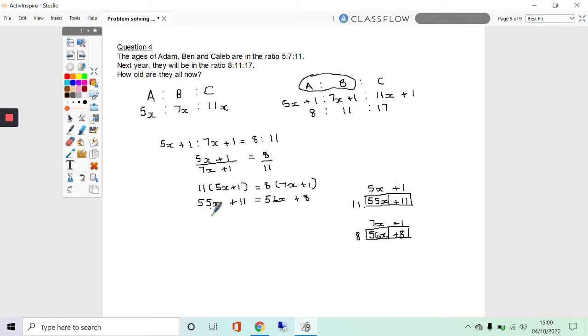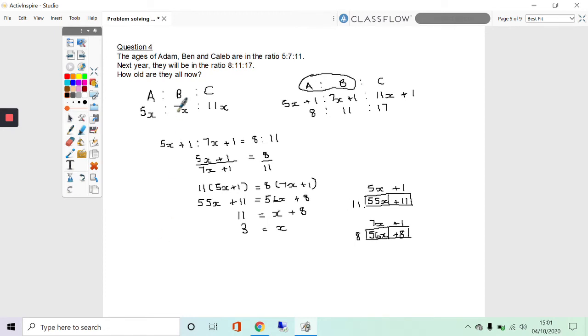So I'm going to take my 55x across to the right and subtract it. So I'm going to get 11 equals x plus 8. Then I'm going to take my 8 across to the left hand side and subtract it. So I'll get x equals 3.